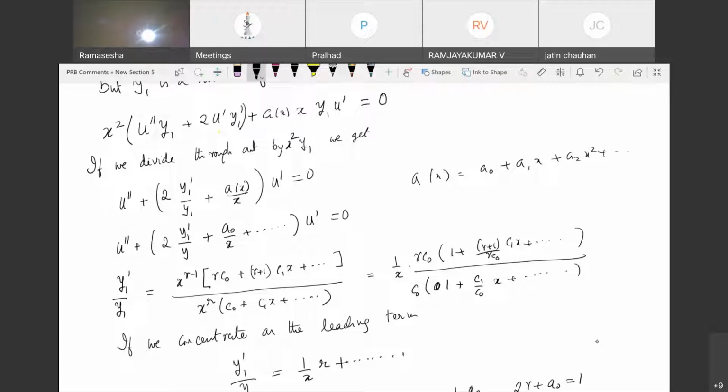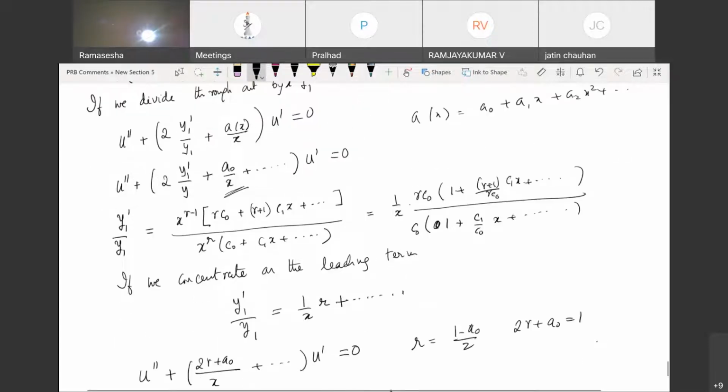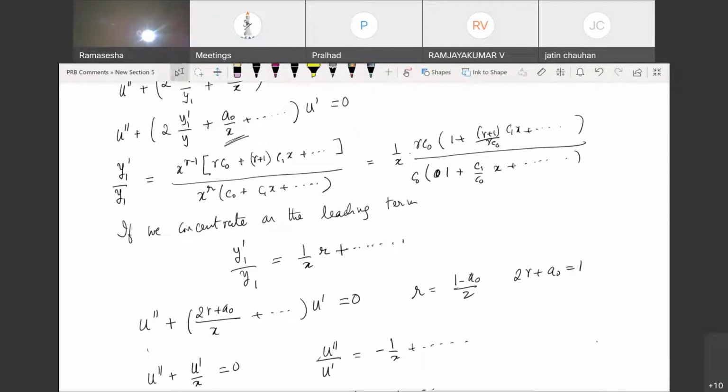The leading term is going to be a0 by x, and we can write y1 prime by y1 as a ratio: x to the power r minus 1 times r c0 plus r c1 x, and so on, divided by y1, which is x to the r times c0 plus c1 x, and so on.